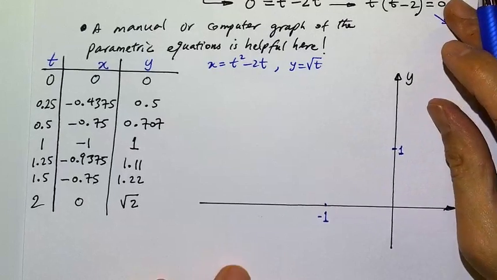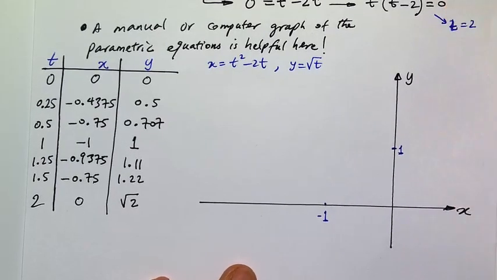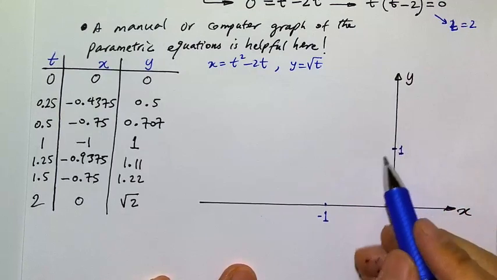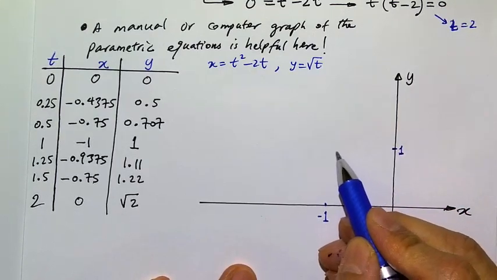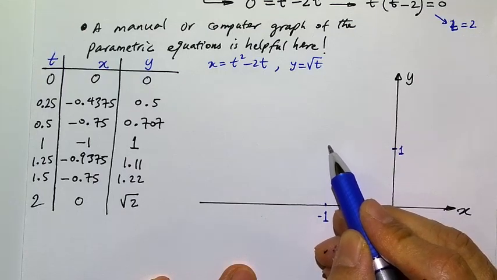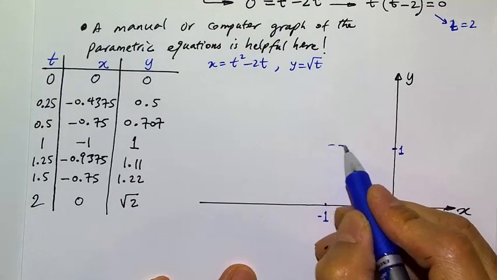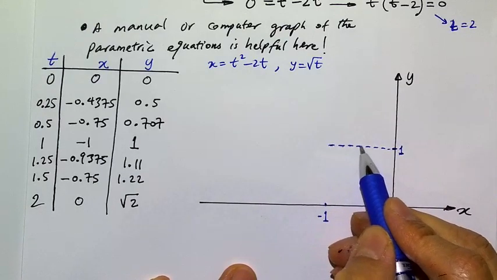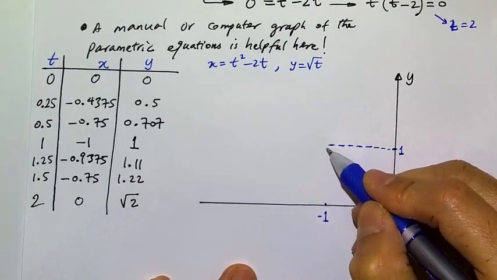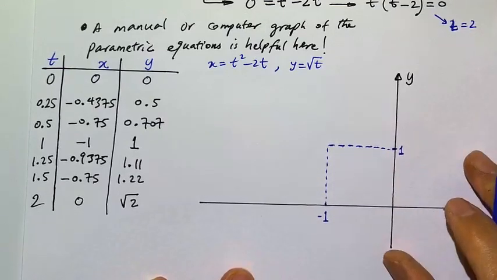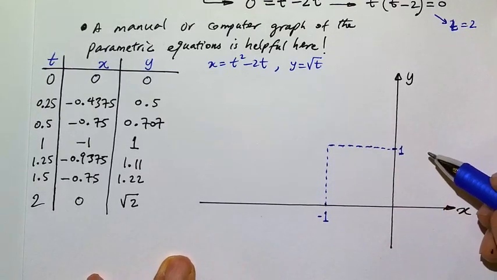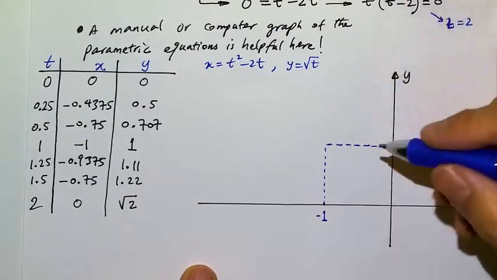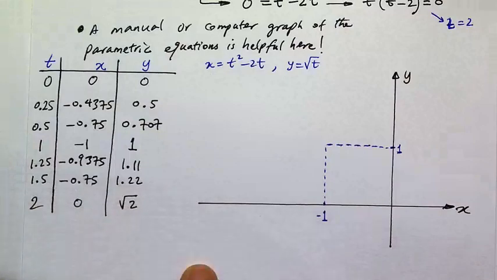But the curve does something like this. I'm going to draw a dashed line just to make sure that my graph is, as much as I can draw it, to scale. So my line should be straight on top and like that, roughly speaking. And so the graph does something like this.